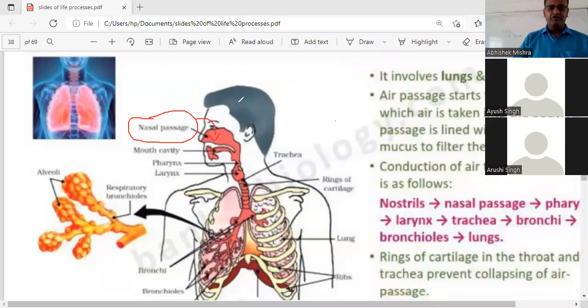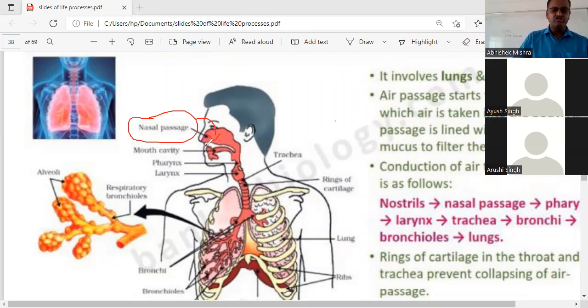Okay. Now you see, after the nasal passage, this nasal passage is leading. One very important thing to be told over here, students, our mouth cavity.